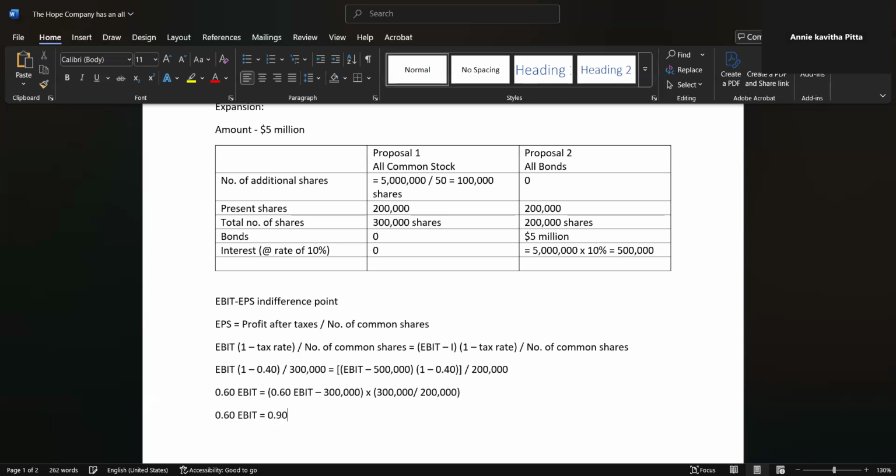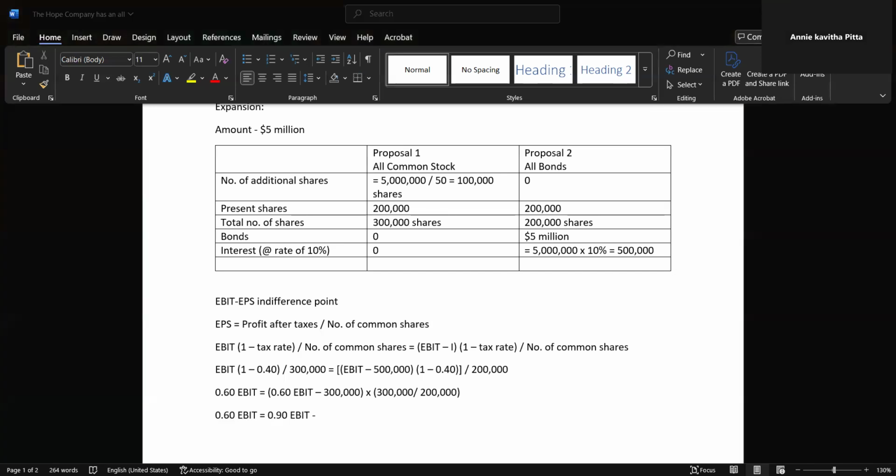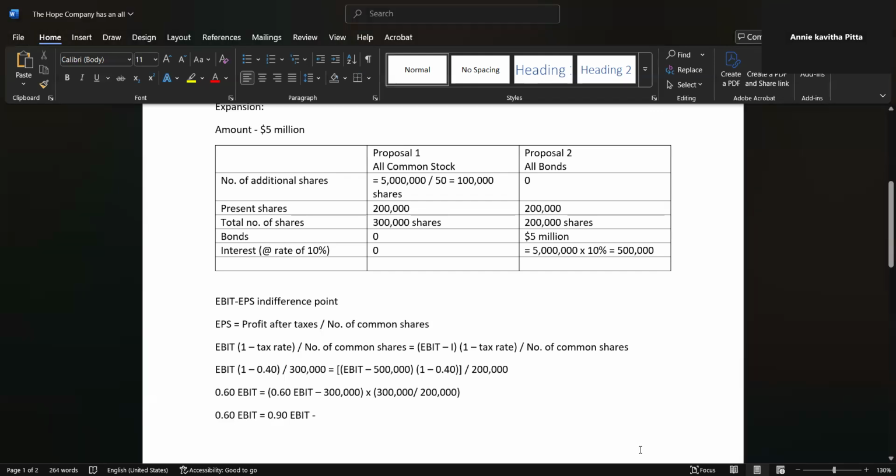So 0.90 EBIT minus 1.5 into 300,000. 1.5 into 300,000 gives us 450,000. Minus 450,000. Now, when we simplify, 0.6 comes to this side and 450,000 goes to the other side. We have 0.30 EBIT is equal to 450,000.